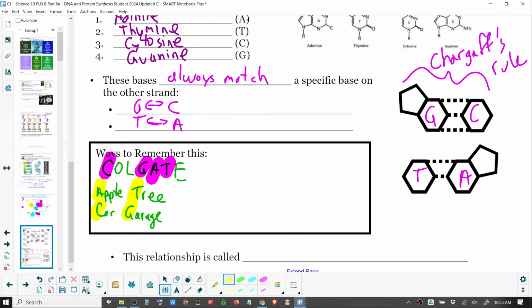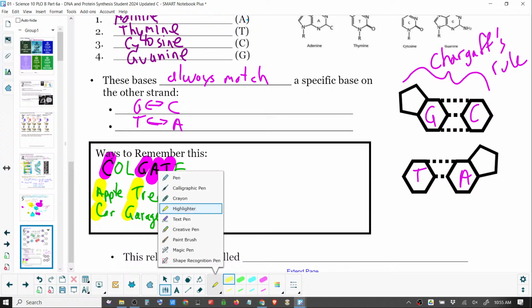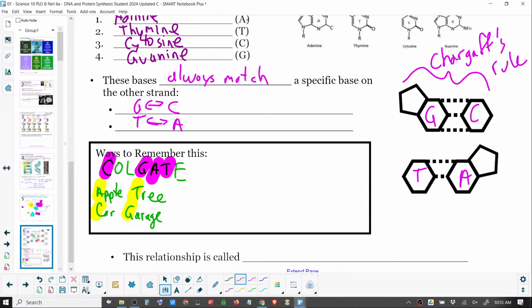But that's not what I use. I'm like, why would you do that? You can just look at them and go, of course C and G go together. They're round. They would cuddle. You've got the big spoon and the little spoon, and they just fit together. And then you have the A and the T. They're pointy.